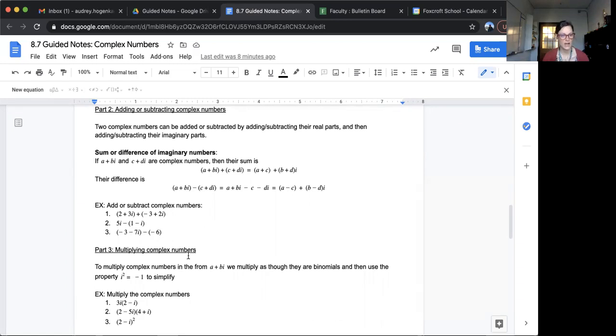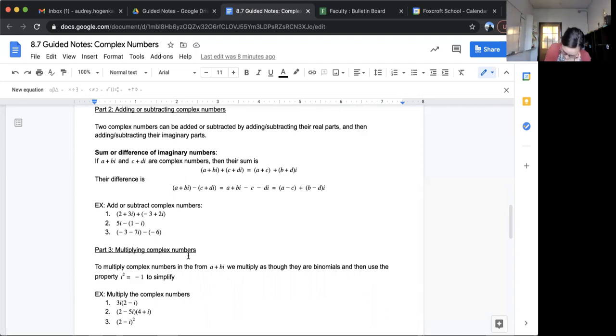So the sum or difference of complex numbers: if a plus bi and c plus di are complex numbers, then their sum is a plus c plus b plus d times i. And the same thing with their difference: a minus c plus b minus d times i. So for example, add or subtract complex numbers. Number one, we have 2 plus 3i plus negative 3 plus 2i.